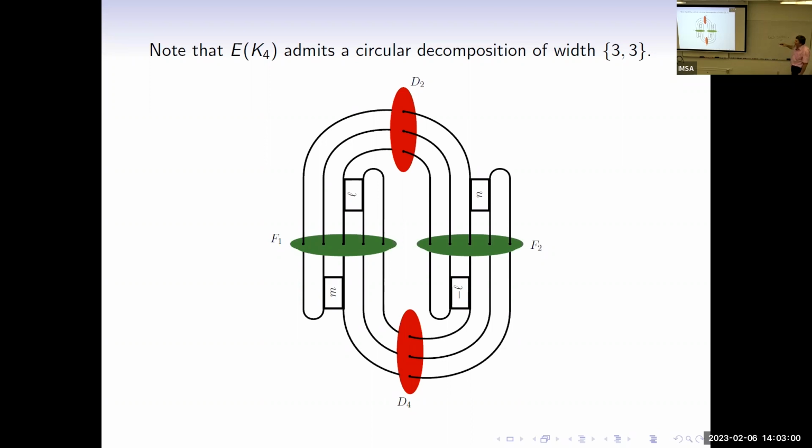I just move the tangles, and here I put another 2. Now, here this intersects 5 points, and another 5 points. So when we take the double branched cover, this will be a genus 2 surface. Now look at the kind of Morse function.